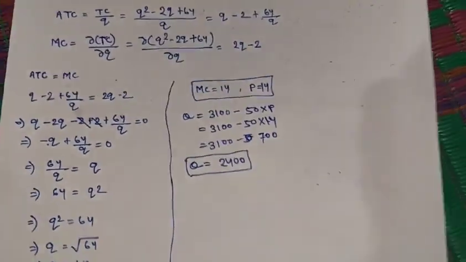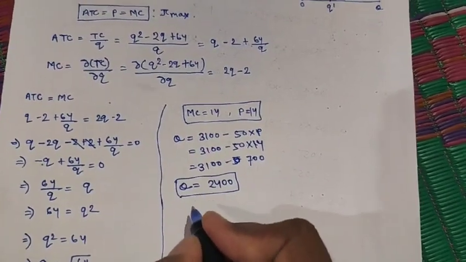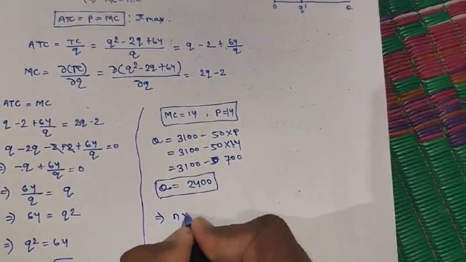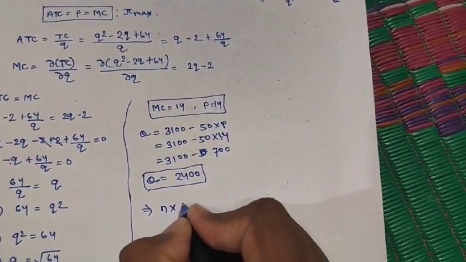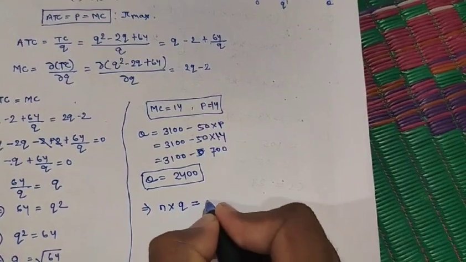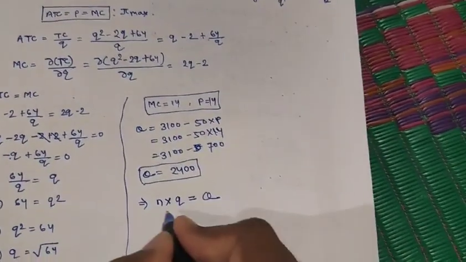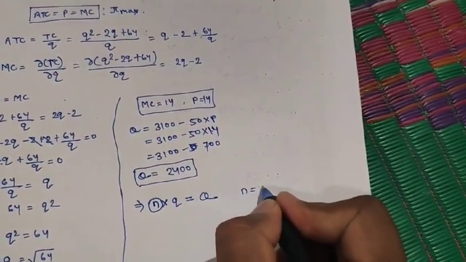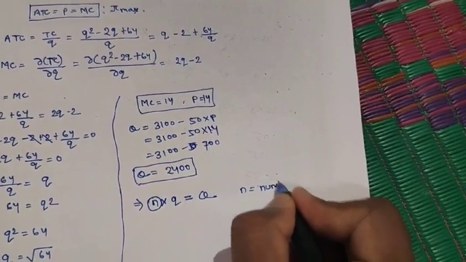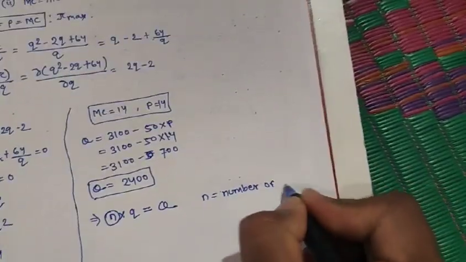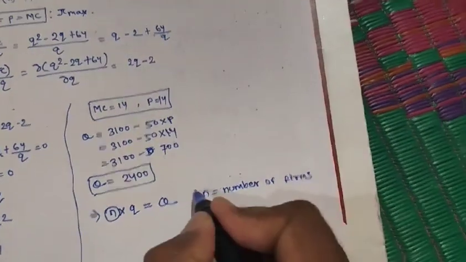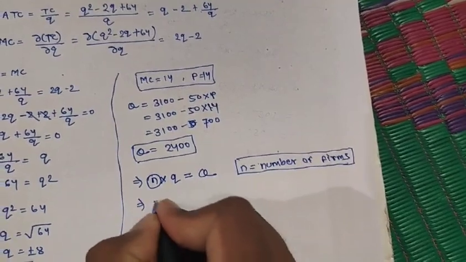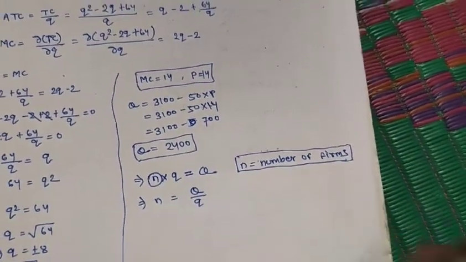Now total quantity is 2400. How do we get the total number of firms in a perfectly competitive market? We know that the number of firms in the perfectly competitive market times the quantity produced per firm is equal to the total market demand, that equals Q. N is the number of firms in the perfectly competitive market. So we have to calculate N equal to Q upon small q.